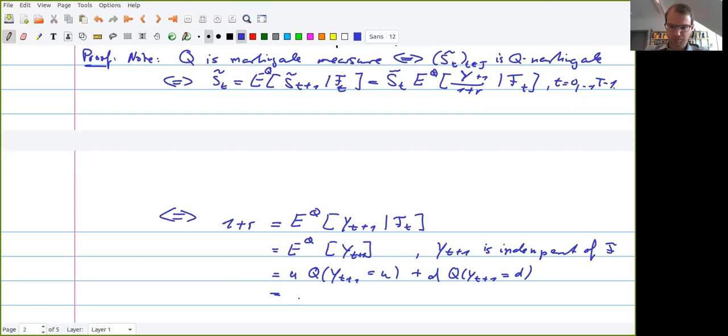Since this is a probability measure, I can re-express this as 1 minus the probability that Y at time t plus 1 is equal to u.